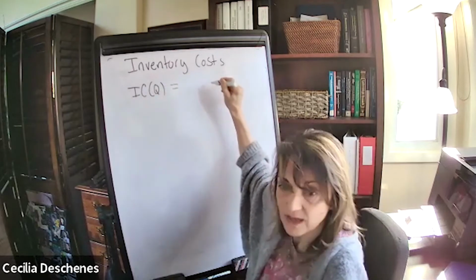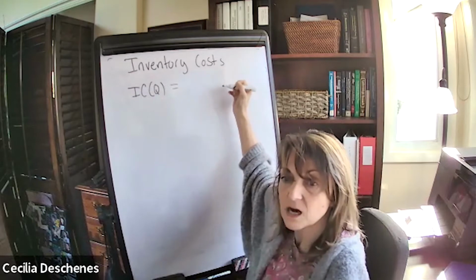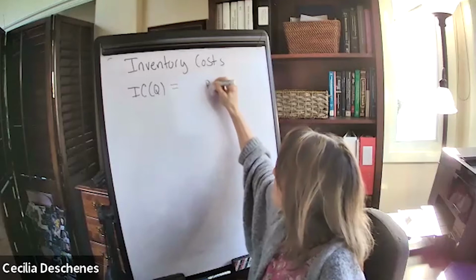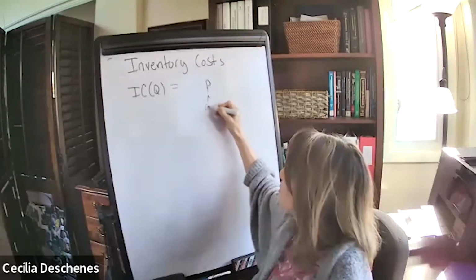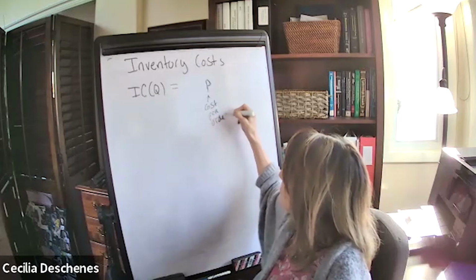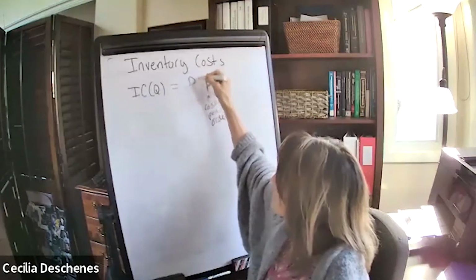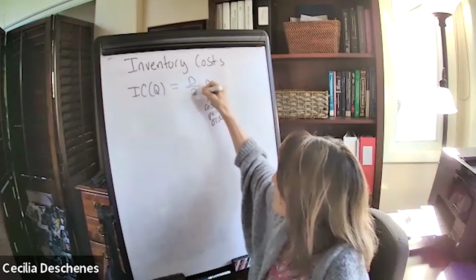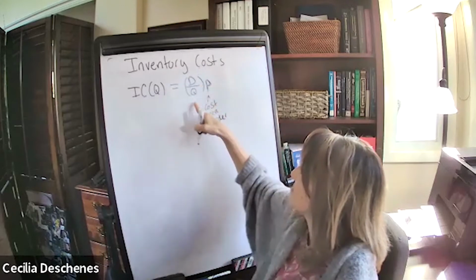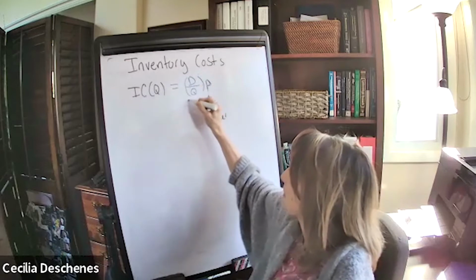Let's say P is the cost per order, then you multiply this by the number of orders. So let's say you have a demand D, you divide it by however many are in each order, the Q, and that's the number of orders.